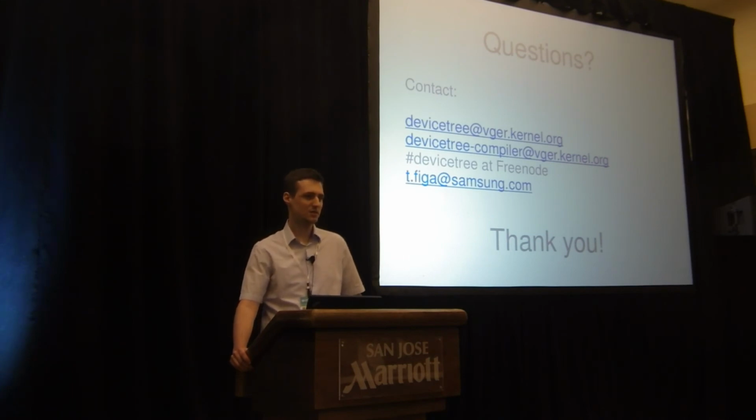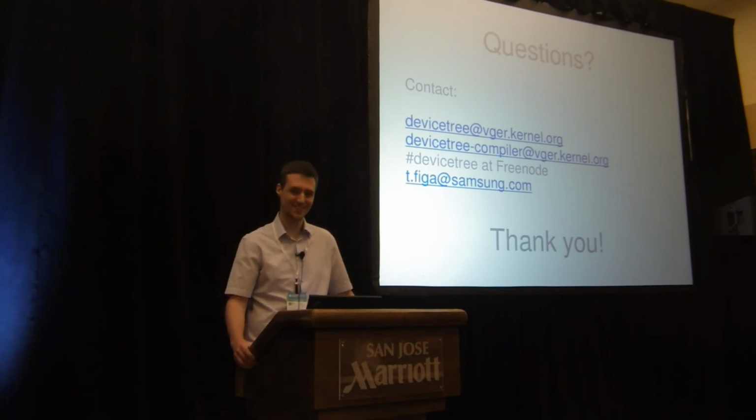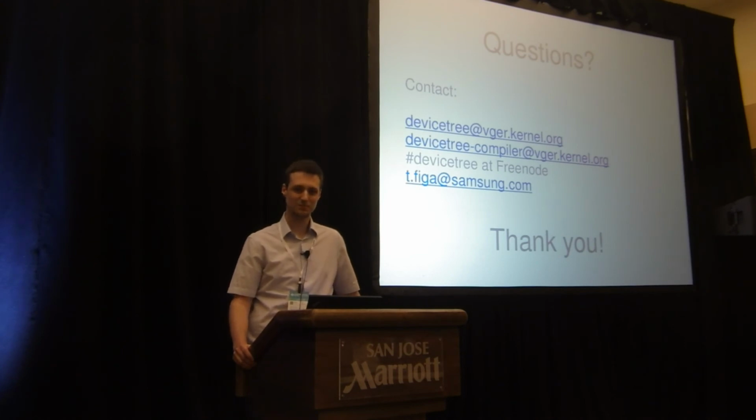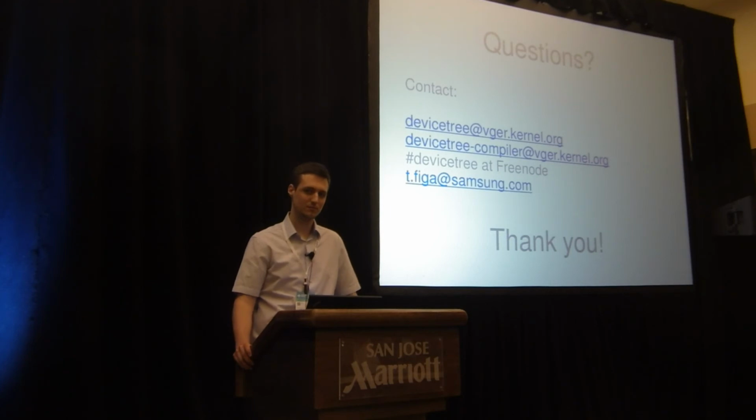Okay, any more questions? Yes, please. A little bit out of scope for what you're talking about, but a lot of stupid errors in DTS files lead to rather cryptic compiler errors. Do you know, is anybody working on enhancing those errors in any way?